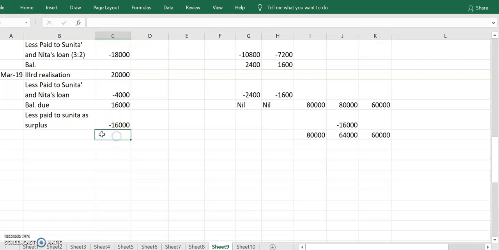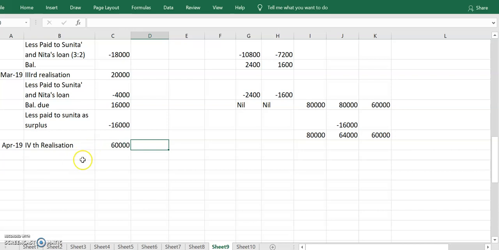So nil amount or zero balance is present in your cash column, so you have to release your next realization, the fourth realization. Fourth realization amount will be 60,000.